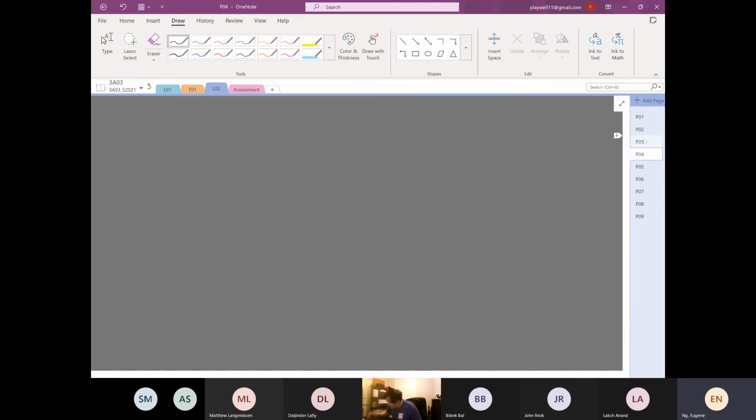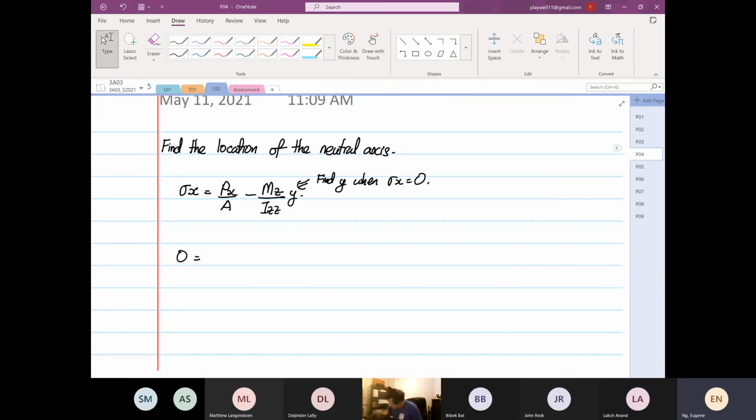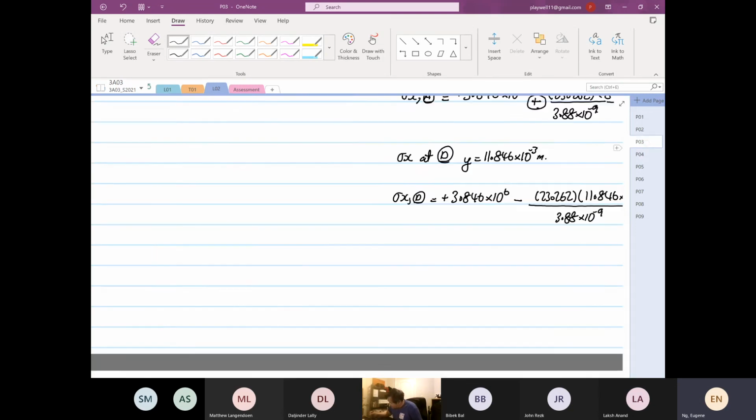So this is 0. Px over A, we had our Px over A value, right? It's 3.846 times 10 to the power 6, minus Mz. What was our Mz? I can't remember.